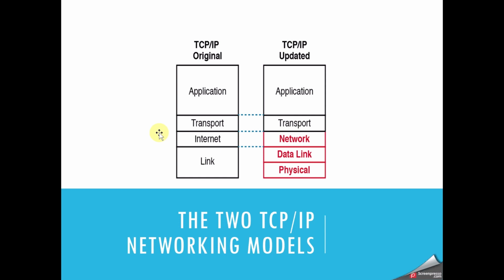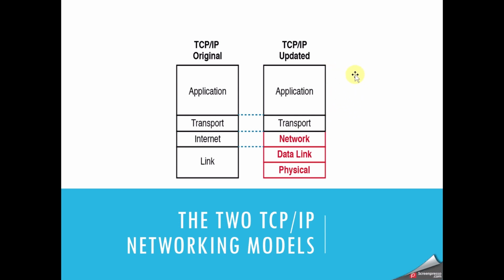If you compare this with the OSI model, it has 7 different layers. So they have the physical layer, and we remember it as "please do not throw sausage pizzas away." So here we have the physical layer, data link layer, network layer, transport layer, then session layer, presentation layer, application layer.